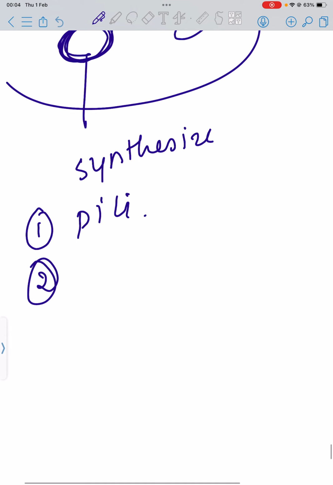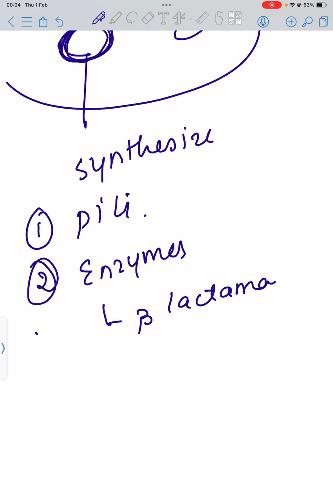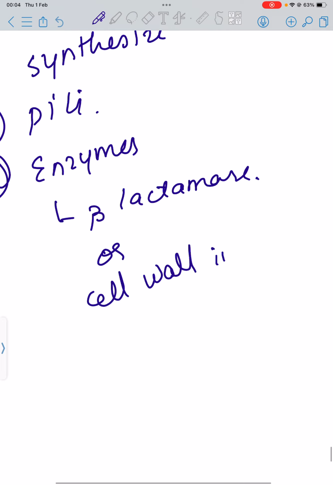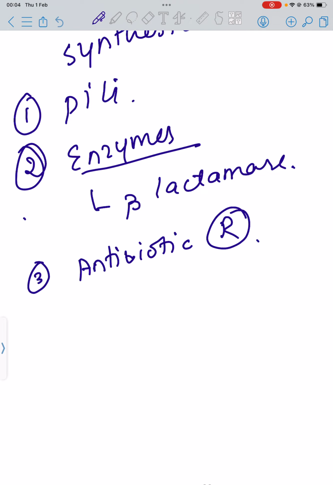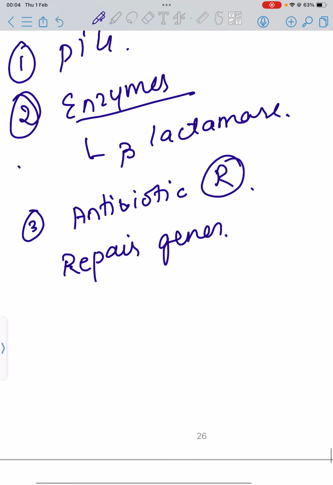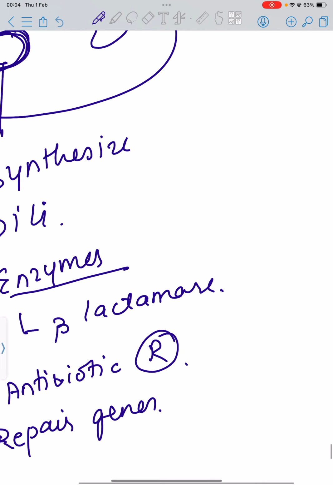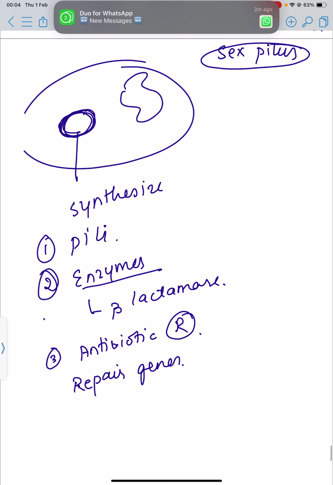Number two, they form enzymes such as beta lactamase, or cell wall inhibitor resistance, or you can call them enzymes or structures which help in providing antibiotic resistance, or even DNA repair genes are synthesized. So pili and other enzymes are responsible for providing resistance against the antibiotics.